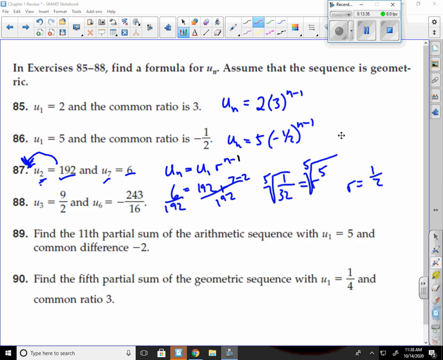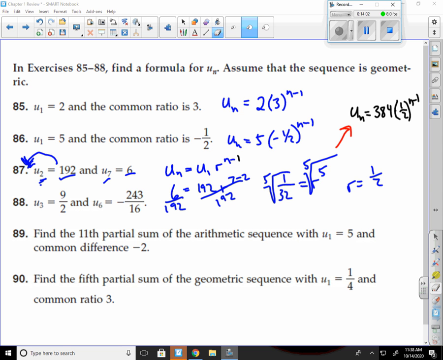So then my official formula would be u sub n equals 384 times 1/2 to the n minus 1. And that's it.